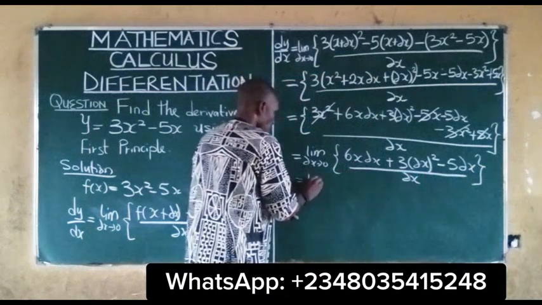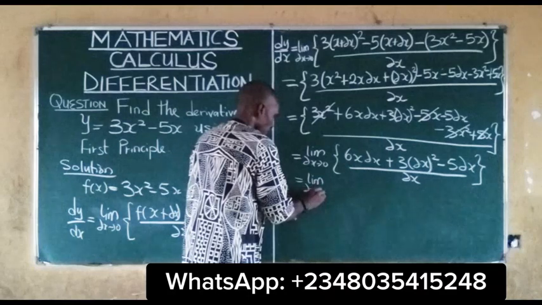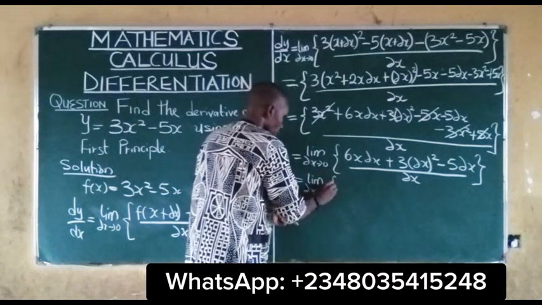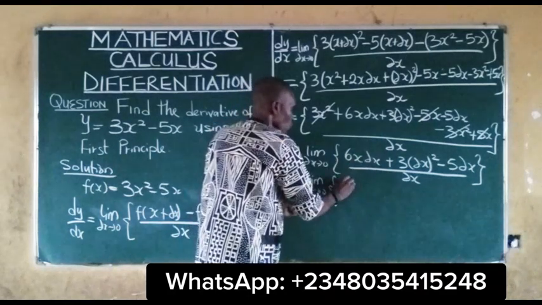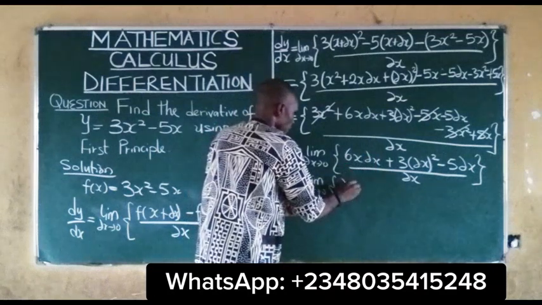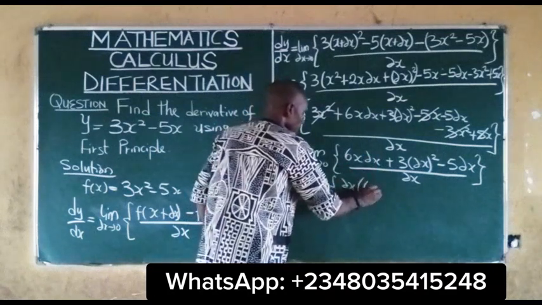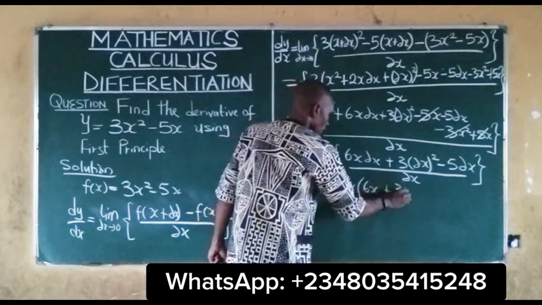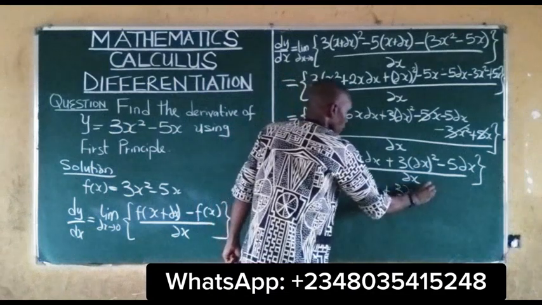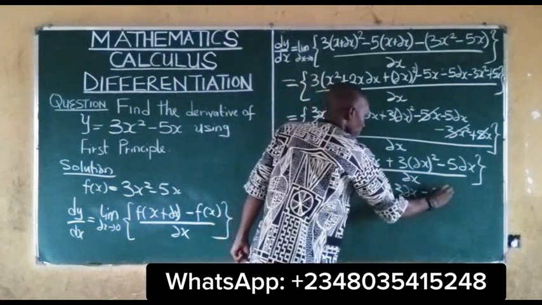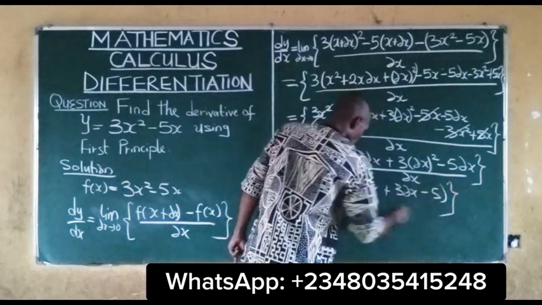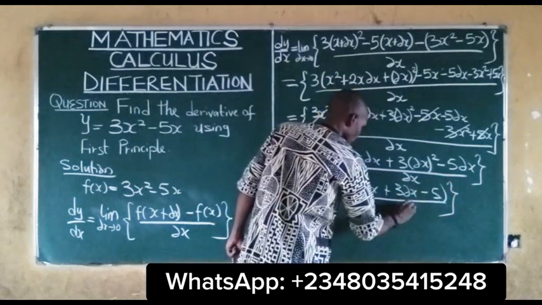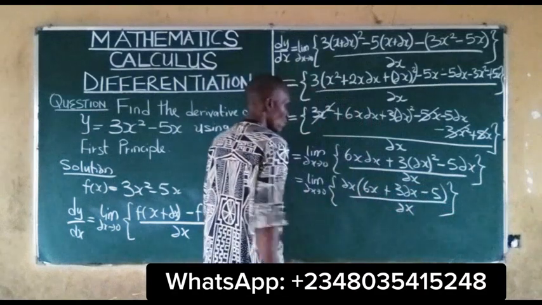So we'll have the limit as dx tends to 0 of dx multiplied by (6x plus 3 dx minus 5), all over dx. This and this will go.